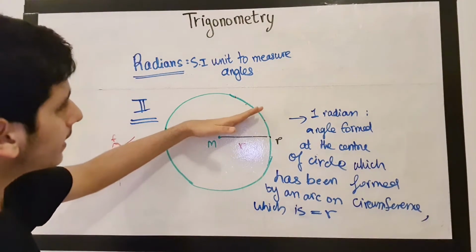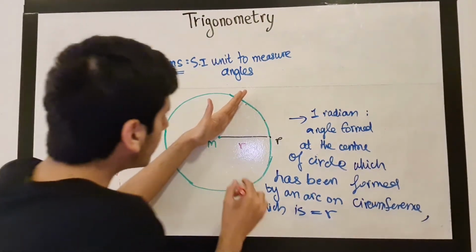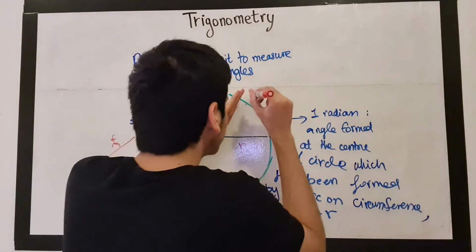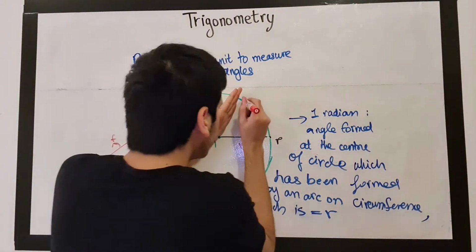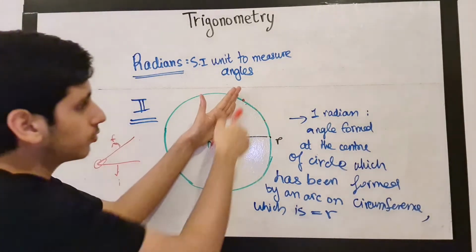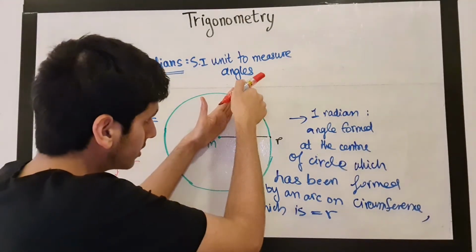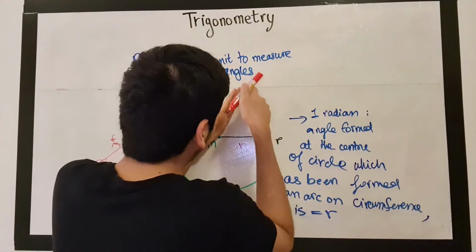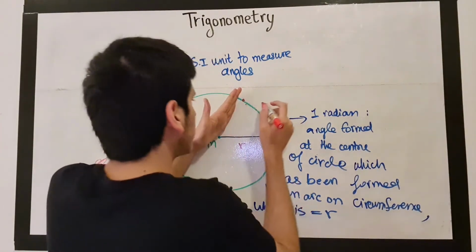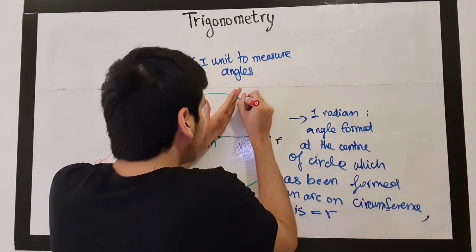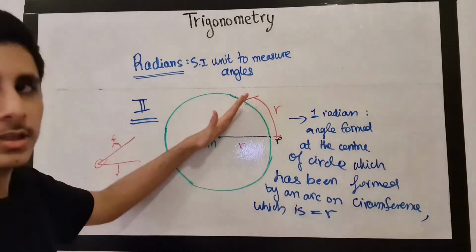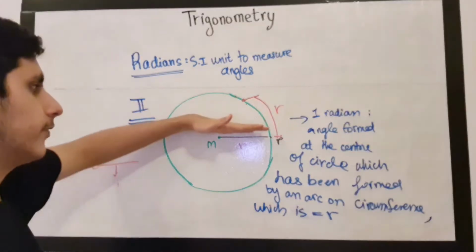I'm rotating it to the extent that the point corresponding to my final arm on the circumference of the circle, the arc from that point to point P, would be equal to the value of R, the radius of the circle.